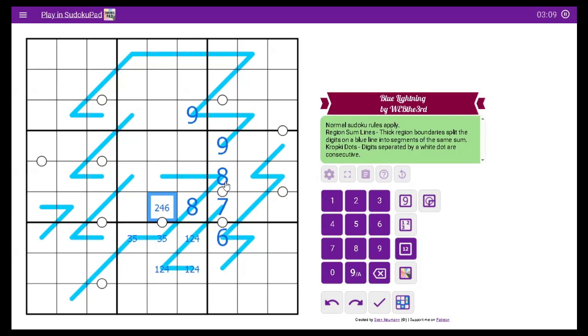We're off and running. Now this is an interesting construction. This cell is the same as that cell, and these two sum to this, but these are consecutive. So basically that means these two have a difference of 1. That means this digit must be a 1 to counterbalance the difference.